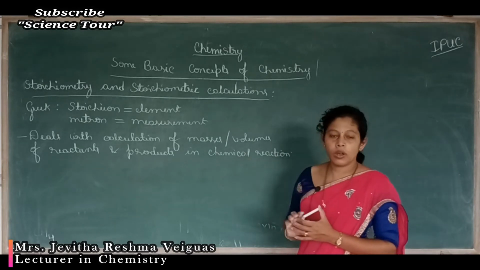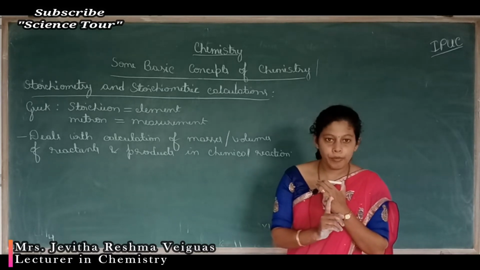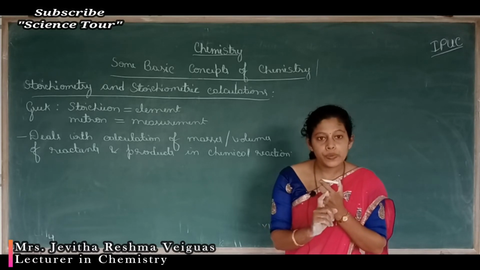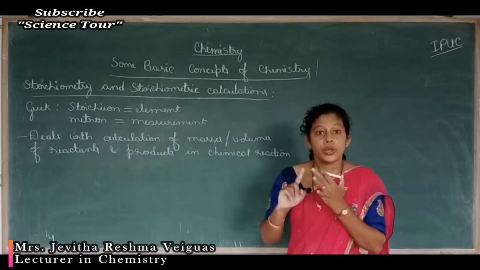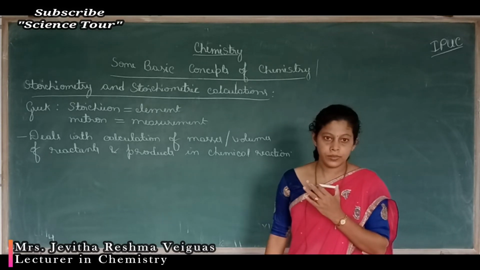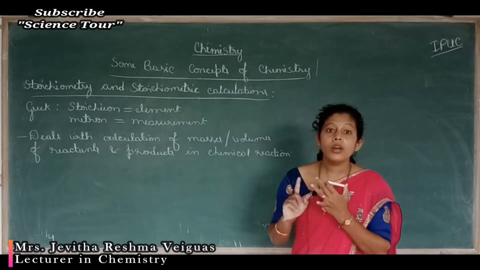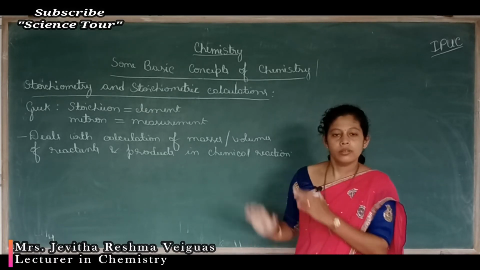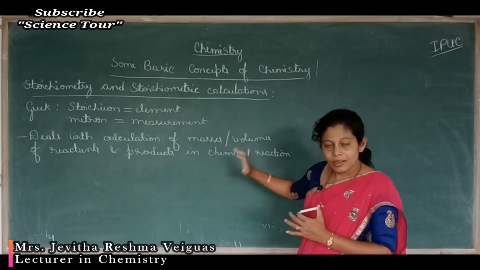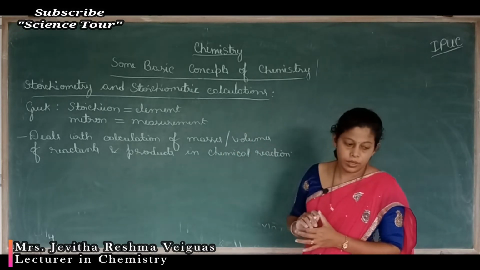In stoichiometric calculation, you can relate number of moles with number of moles, number of moles with mass, number of moles with volume, or volume with volume, or mass with volume. These relations you can draw. Now let's take up few sums to understand the concept very clearly.